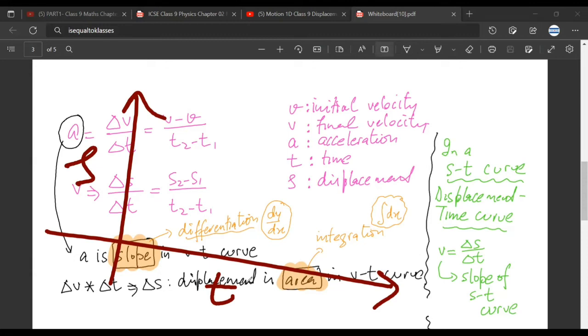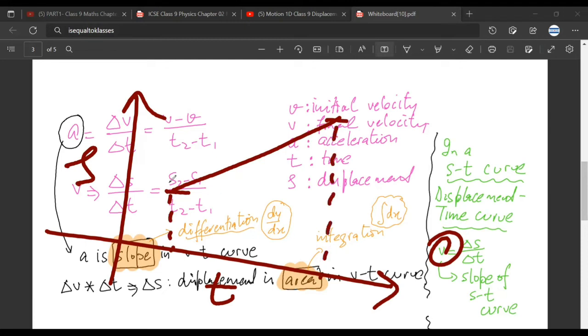Now when I am given a displacement time curve, then the slope of the curve would give me the velocity. Are we clear? Yeah. Why? Because if you have understood the logic, this point would be t1, s1, this point would be t2, s2.